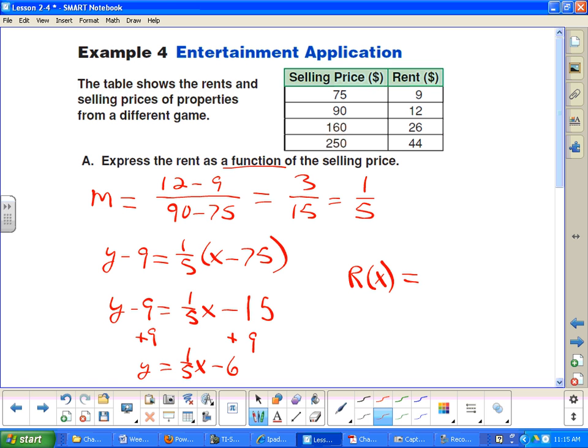So this would be 1/5 x minus 6. But I have to write a function, so that means I need to do r of x or f of x or something. And I'll use r because we're talking about rent. We could use p for price if we wanted to also, but usually a little easier to use x unless you're dealing with time or something like that.